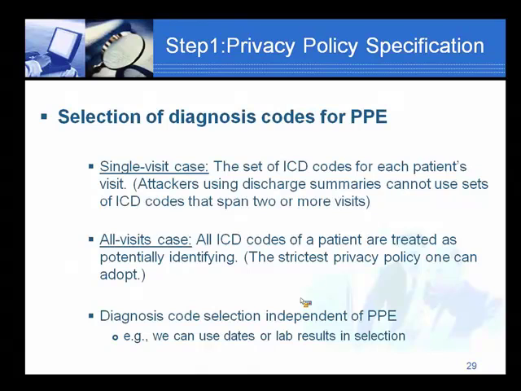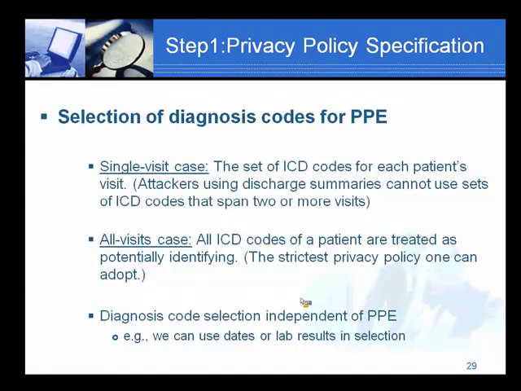One important point is how we select what type of diagnosis codes are deemed as potentially re-identifiable. There are many ways to select these codes, but we have come up with two concrete examples. The first case is called single visit case. In this case, the set of ICD codes for each patient's visit is assumed to be uniquely re-identifiable.